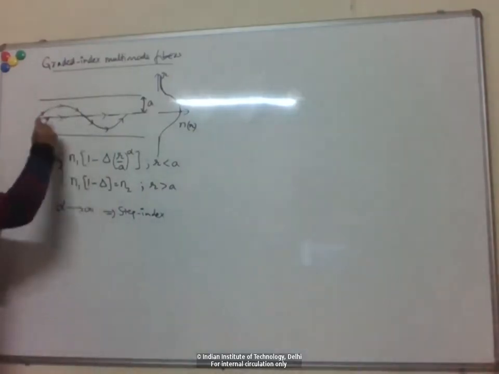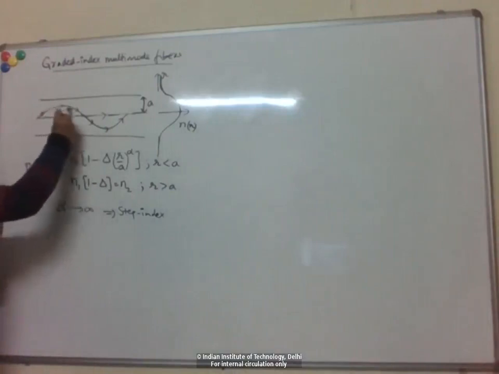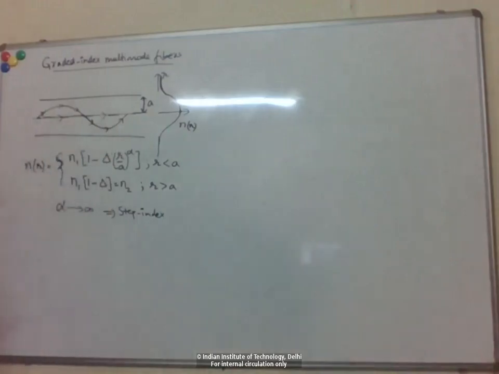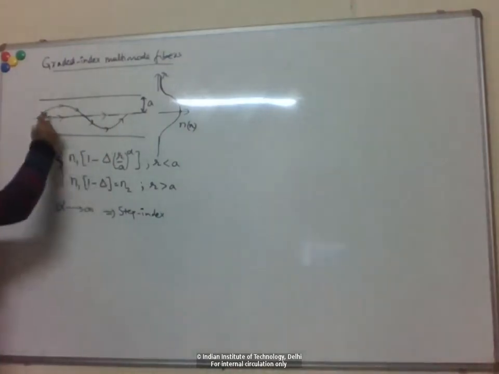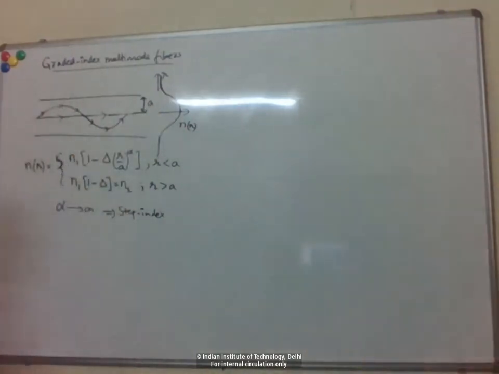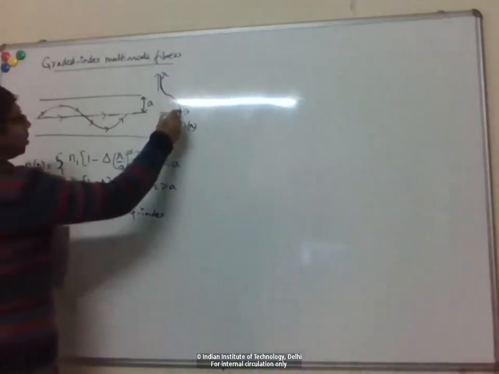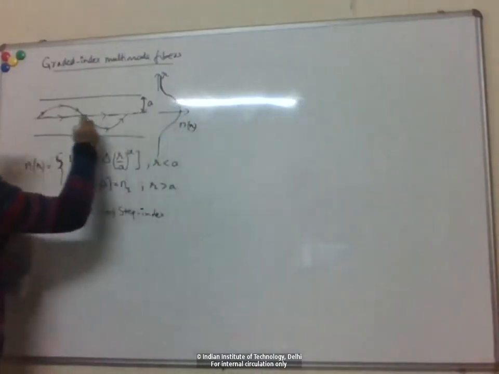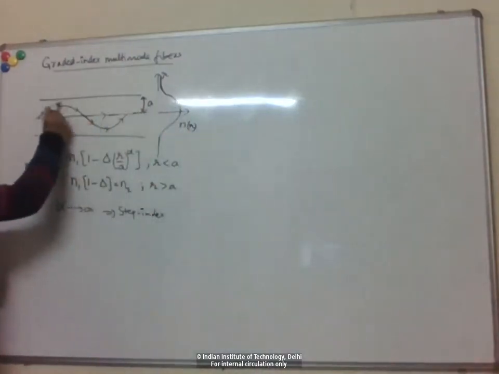But here in the graded index, obviously this curved ray takes a longer path than the straight-through one. But what is also happening is that as it goes away from the axis, the index is lowering, and you know that the speed of light in the medium is c divided by the refractive index. So the refractive index is going down, and here it's traveling at higher speeds.